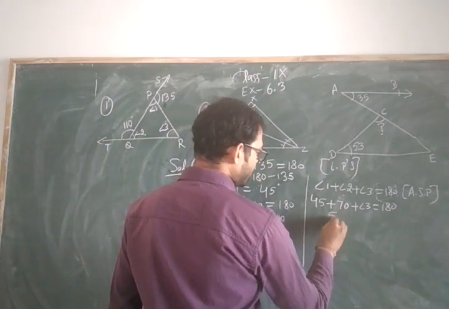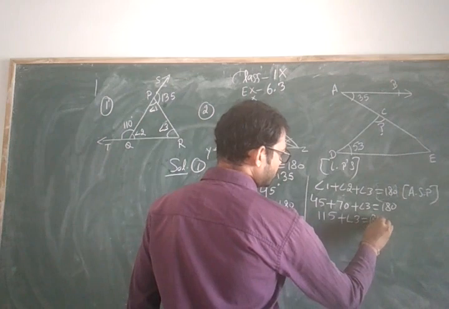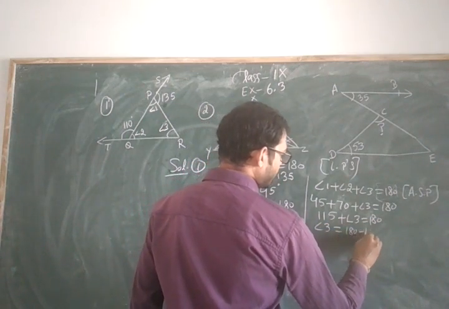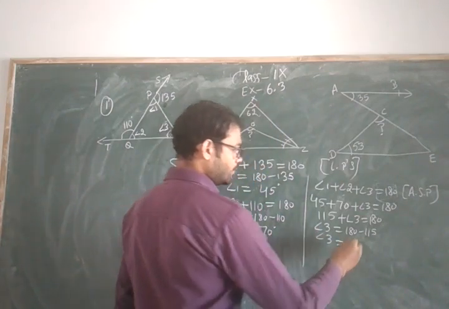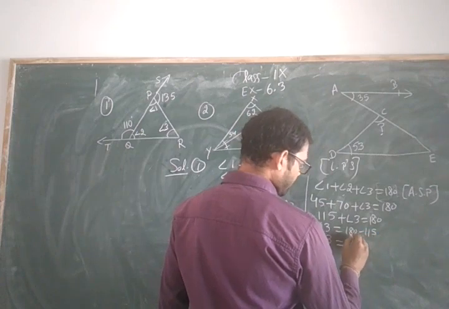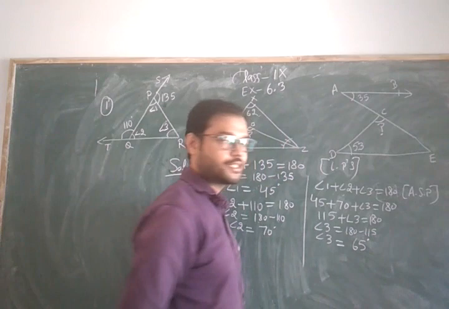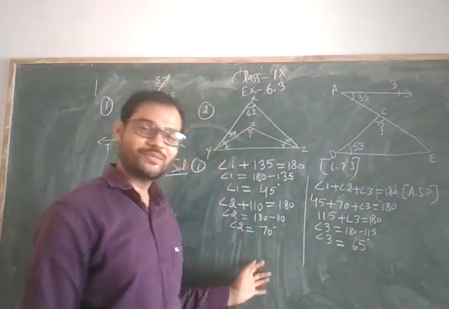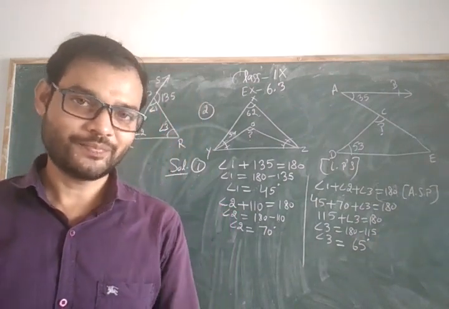So 45 plus 70 is 115... it becomes 115 plus angle 3 is equal to 180. So angle 3 is equal to 180 minus 115. So angle 3 becomes 65 degrees. Got it, students? Now in this way we have the solution of question number 1.